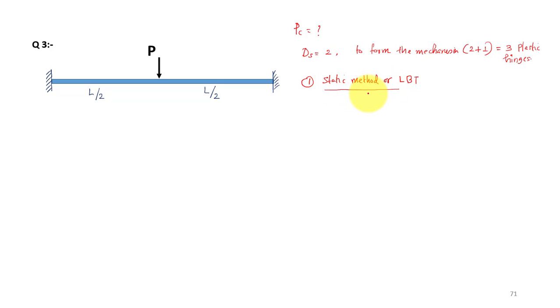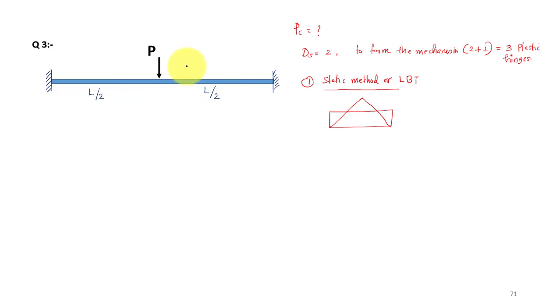Here we have to draw the moment diagram. For a fixed beam subjected to point load, we know this will be the moment diagram. This rectangular shape is our end moment, and this is the free moment diagram, the moment diagram for the simply supported beam. Overlapping these two, you will get the bending moment diagram for your fixed beam.